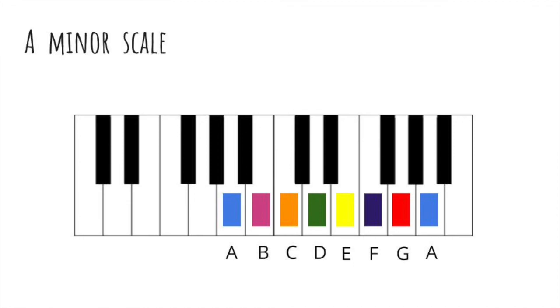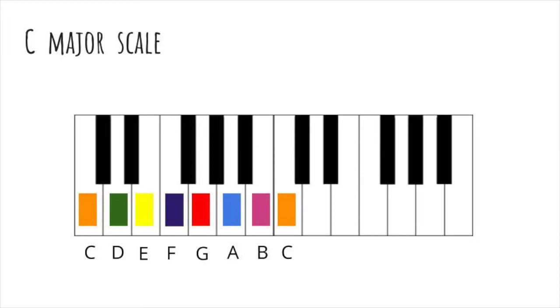It uses exactly the same notes as the C major scale. And it's because they use the same notes but start on different places in the scale that we talk about them as being relatives.